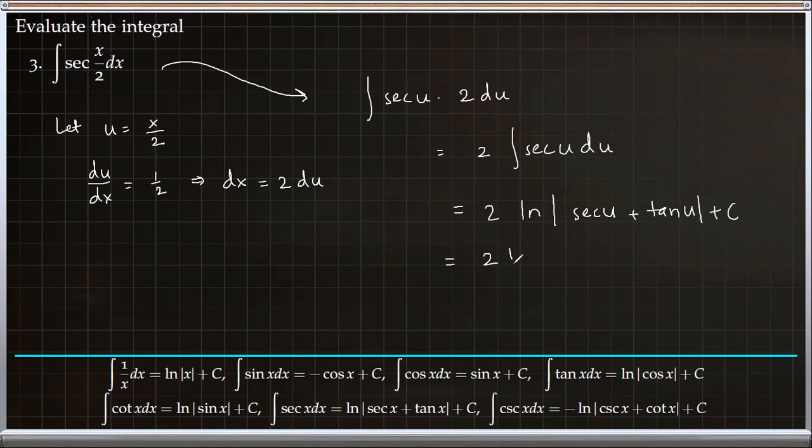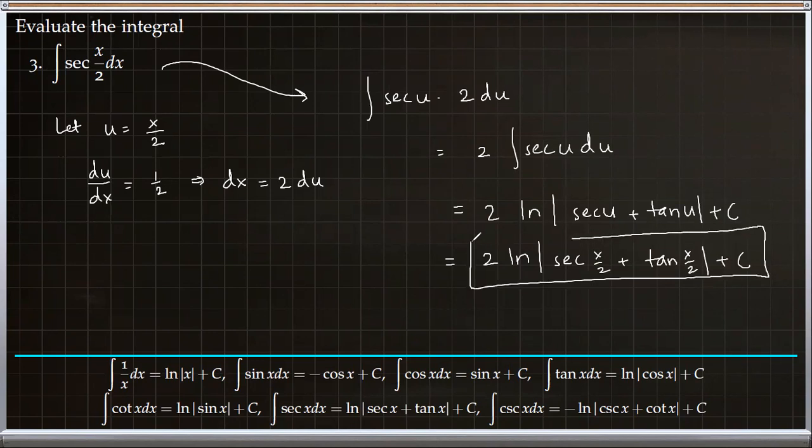And then finally, we can replace the expression for u back. So we have 2 times the natural log of the absolute value of secant of x over 2 plus tangent of x over 2, plus a constant. This is the antiderivative of this function, secant of x over 2.